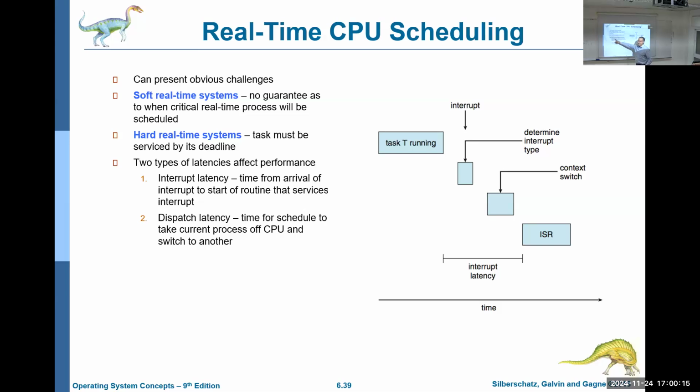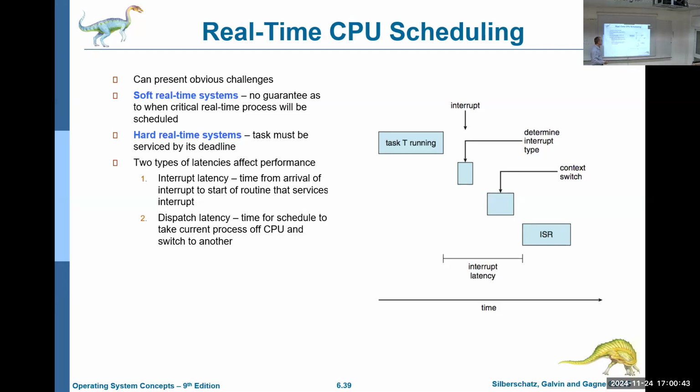Two types of latencies affect performance: interrupt latency and dispatch latency. Interrupt latency is the time from the arrival of the interrupt to the start of the service of the interrupt. Real time is usually interrupt driven, so an interrupt happens and now we need to do this thing, but there could be time before it actually gets scheduled and starts running the service.